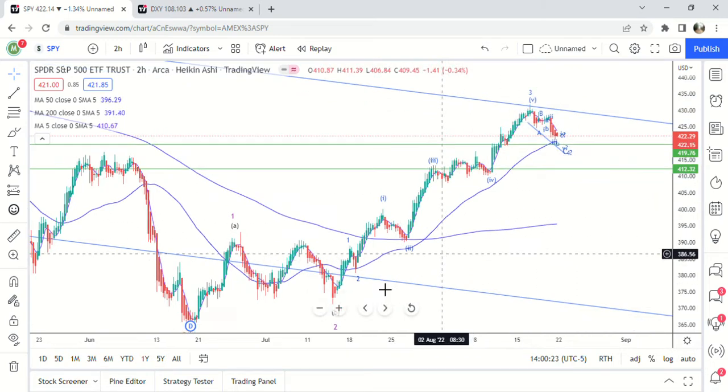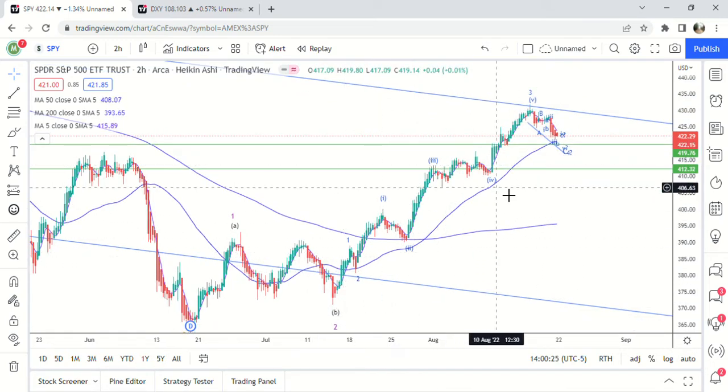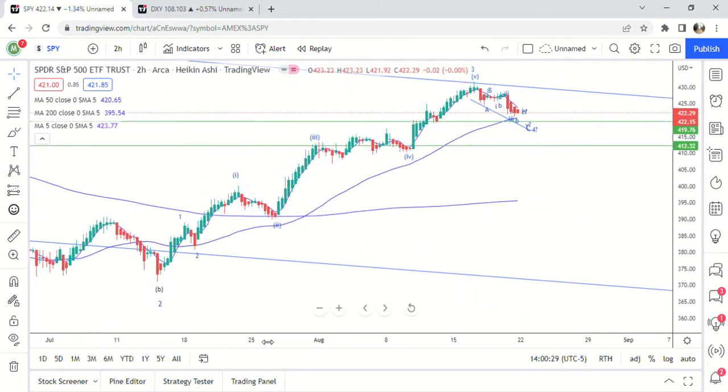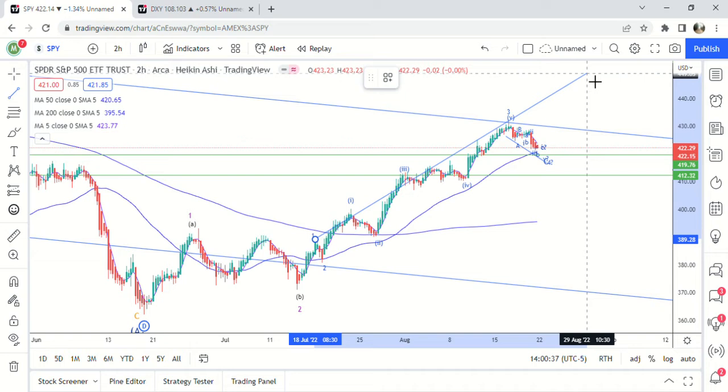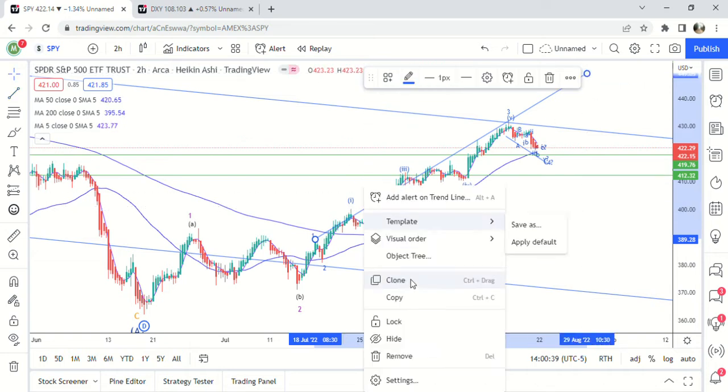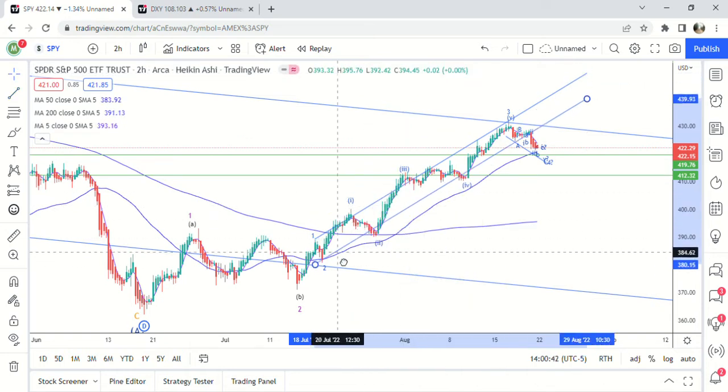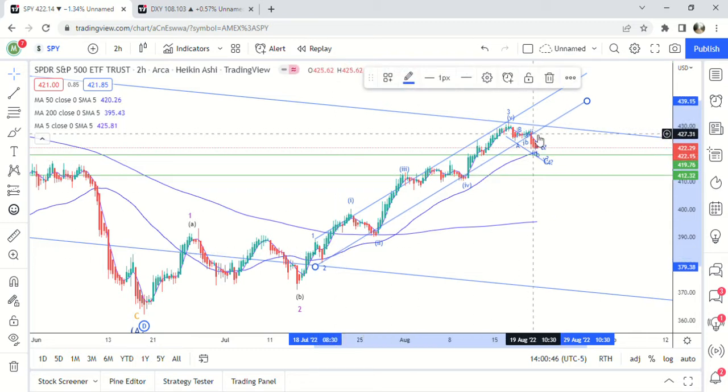So we would have 1, 2, 1, 2, 3, 4, 5, 3, and be currently in a fourth wave. So then we take the fib retracement tool like this. We know this is 1, we know this is 3, and then we take it, clone it, take it to the bottom of the second wave, and as you can see, it's outside of the parallel line already.